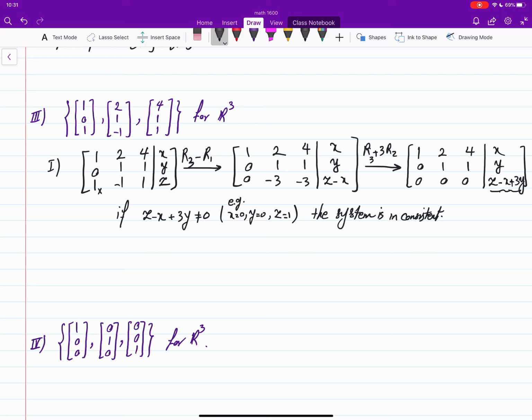So that means that the span of the vectors, let me call this b, is not equal to R3.